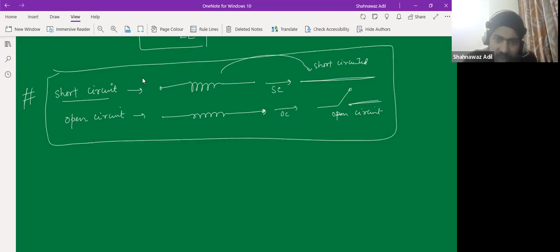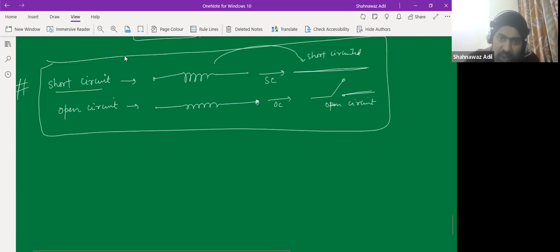Let us understand from the case of inductor and capacitor.